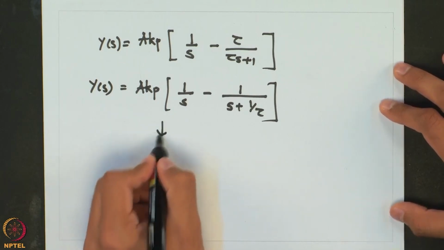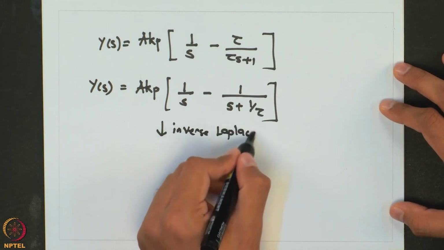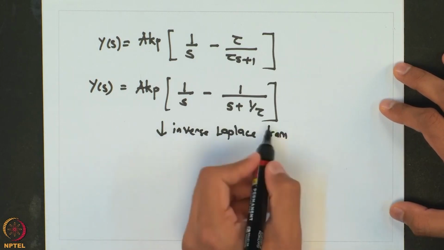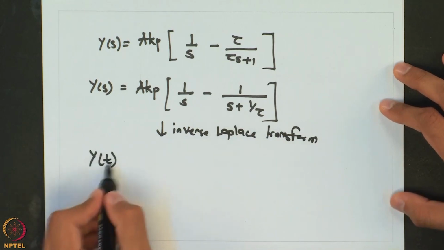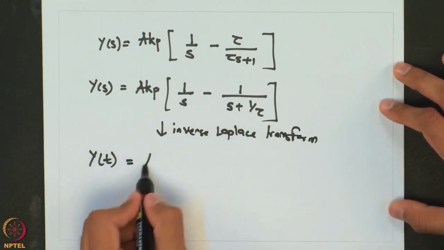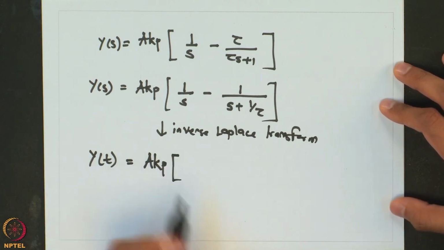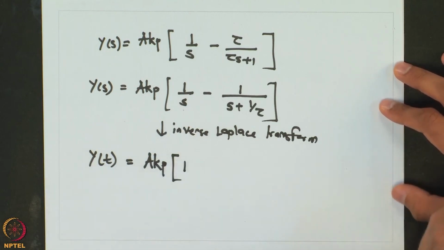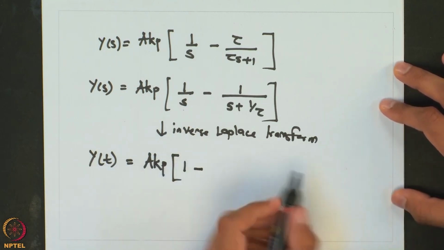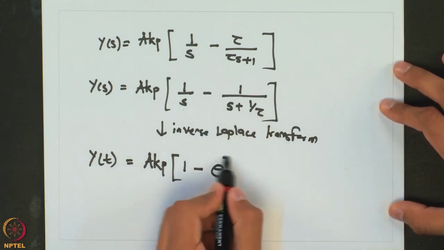So, if we take inverse Laplace now, we will get Yt will be equal to A Kp. The inverse of this will be a constant, which is 1, minus the Laplace inverse of 1 over s plus a, which is e raised to minus a t.